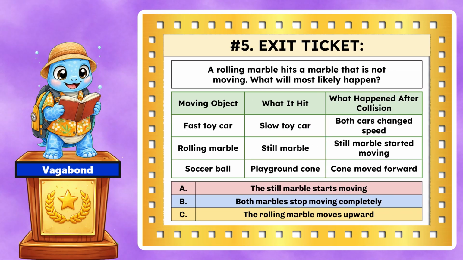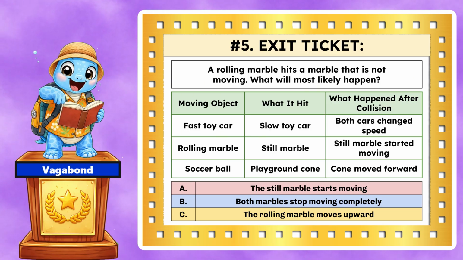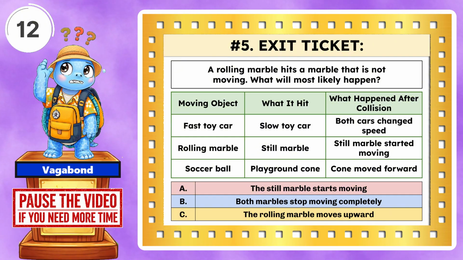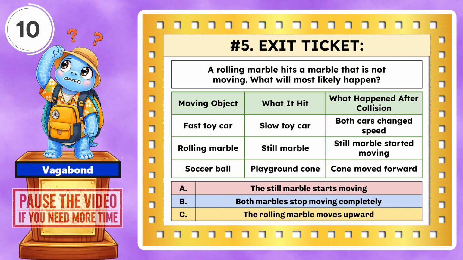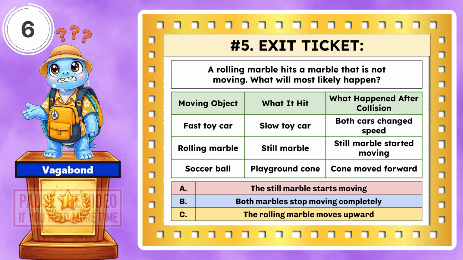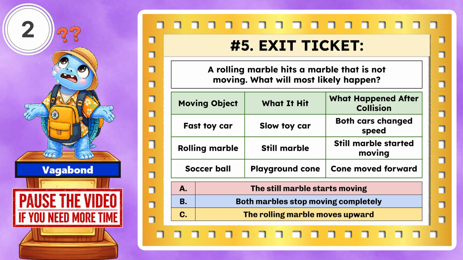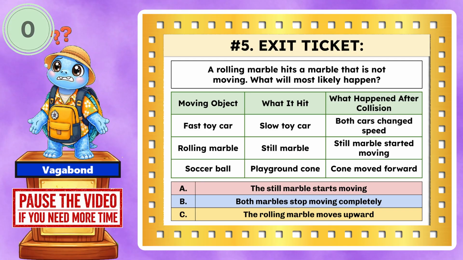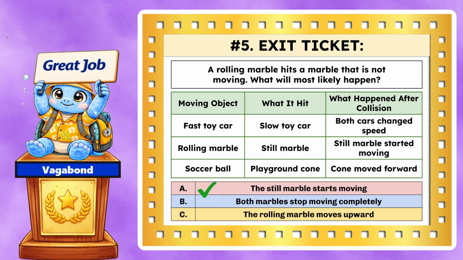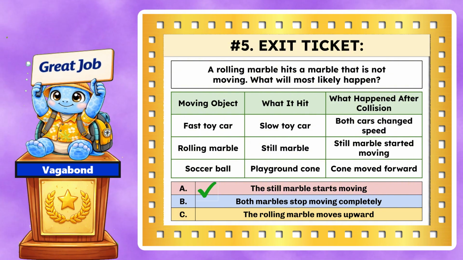A rolling marble hits a marble that is not moving. What will most likely happen? And the correct answer is letter A, the still marble starts moving.